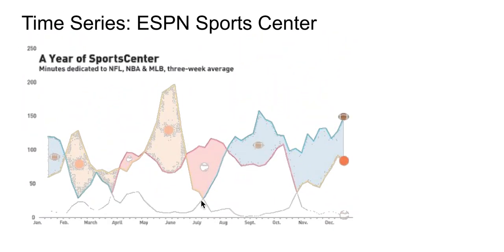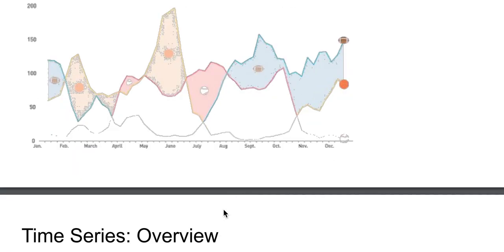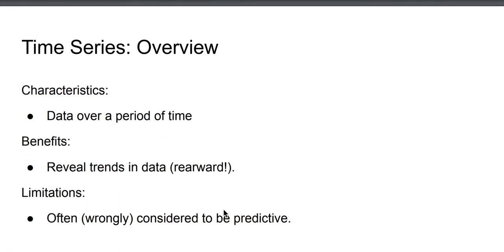Time series. ESPN SportsCenter, a year of SportsCenter. I'm not a big fan of sports. However, by looking at this image, I can find out how the different sports dominate during the year. The characteristics: it is data over a period of time, and it reveals the trends in data.